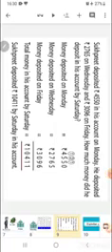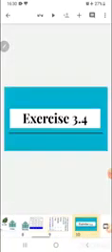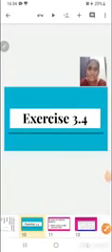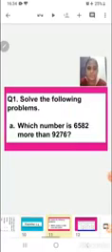Let us now move towards exercise 3.4. Children, please note down exercise 3.4 in your notebook. The first question is question number 1. Solve the following problems. A1. Which number is 6,582 more than 9,276?